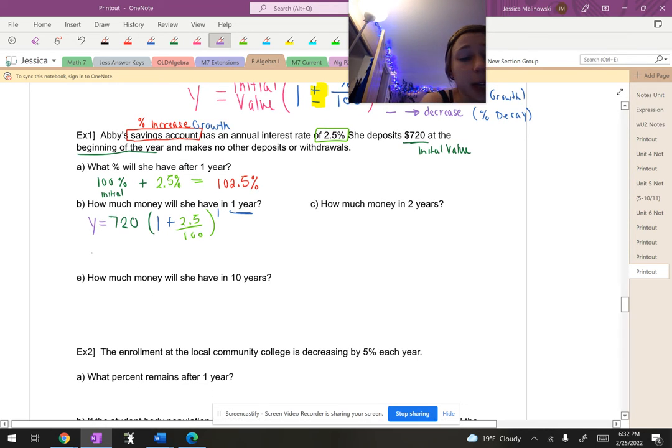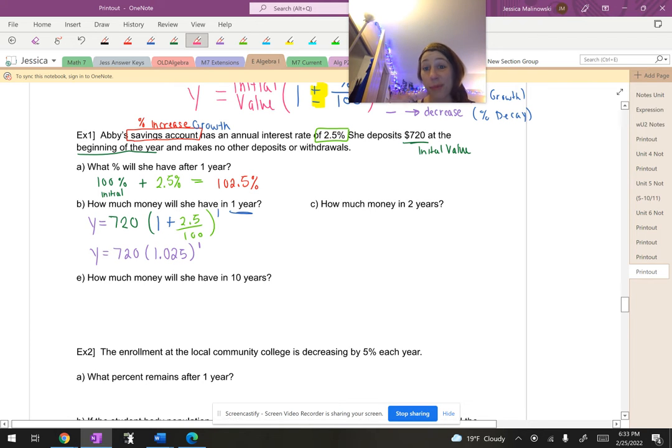Now, notice what happens when we simplify this a little bit. I'm going to keep the 720 the same, but inside that parenthesis, that simplifies real nicely to 1.025, coming from the 102.5%. If I were to convert that back into a percentage, I'd have that 102.5%, getting bigger than 1 inside there because this is growth.